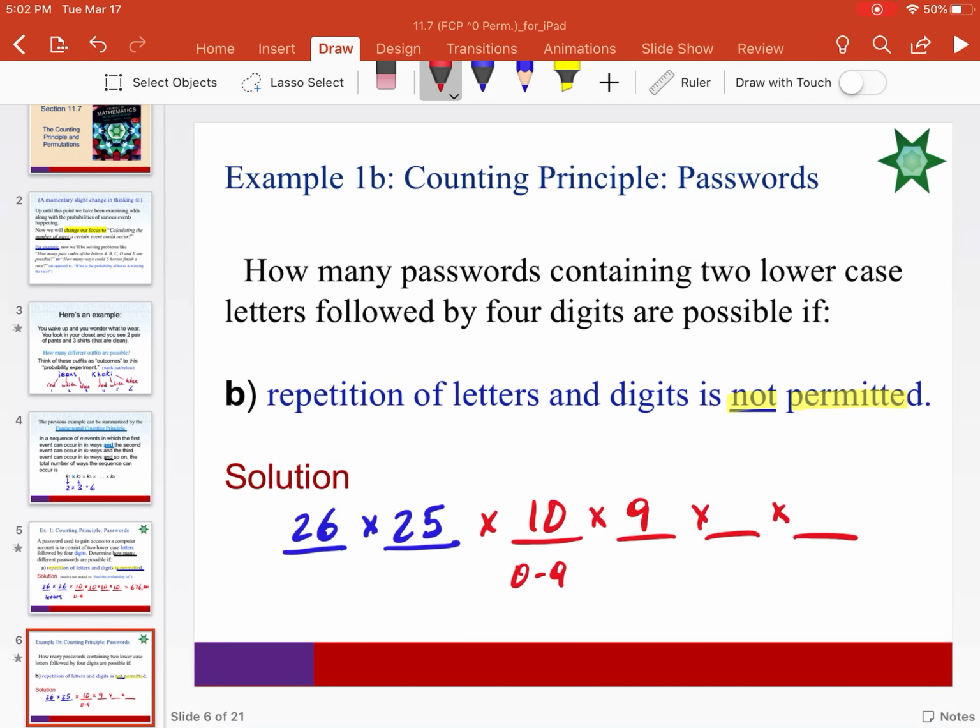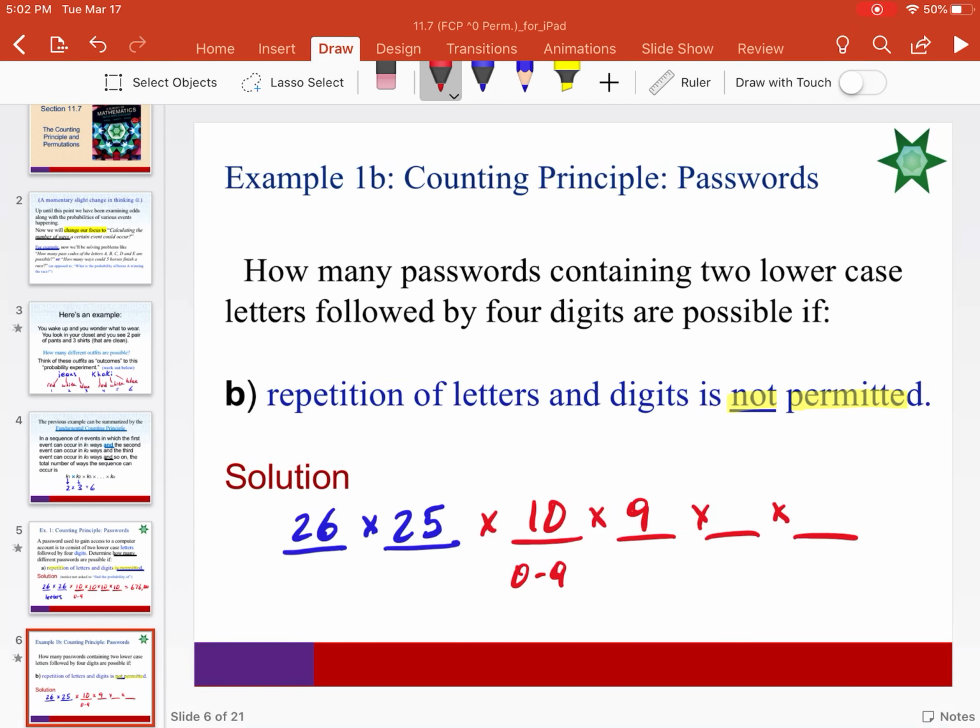Okay. All right. Let's just keep working examples here. Still doing passcodes. Okay. In this case, your first letter must be a vowel. Okay, so you only have 5 choices. Repetition is not permitted. Okay, so let's go ahead and let's model this.